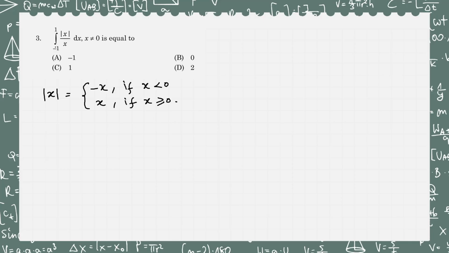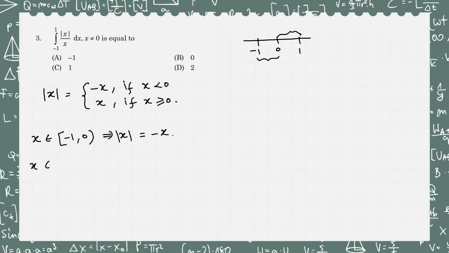Since we have minus 1 to plus 1, this is a different zone and this is a different zone. So when x belongs to minus 1 comma 0, 0 is not included, this time modulus of x will be equal to minus x, correct?